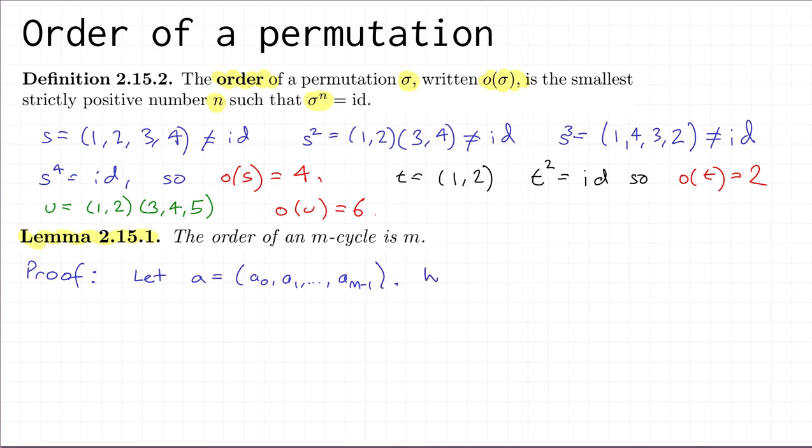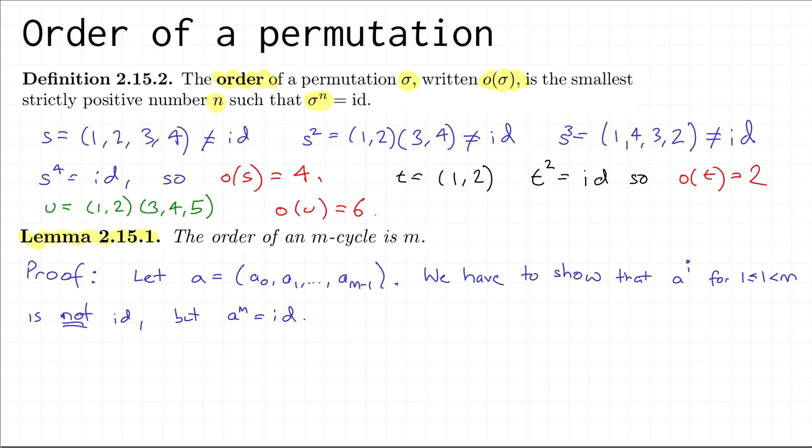So we have to show that the first m minus 1 powers, so let's say a to the power I for I between 1 and m minus 1, is not the identity, but a to the m is the identity. Okay, so that's not too difficult to do, because if you want to show something's not the identity, you just have to show that there is some number which it doesn't send to itself.